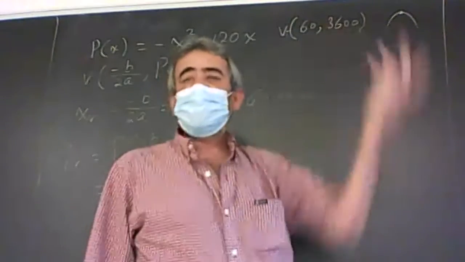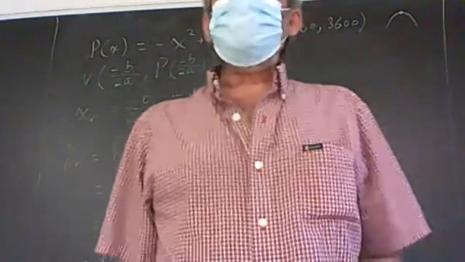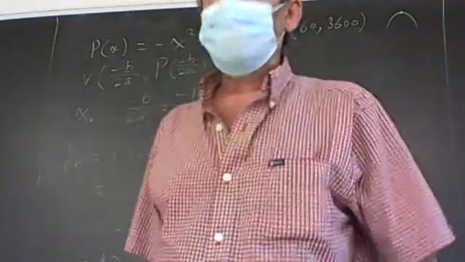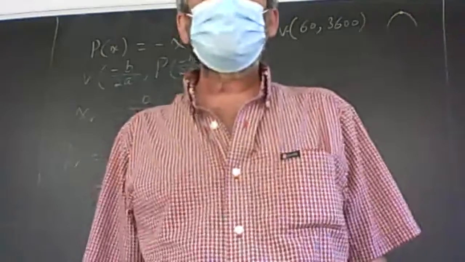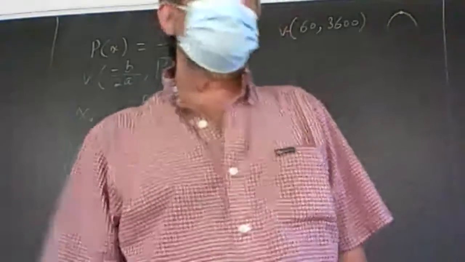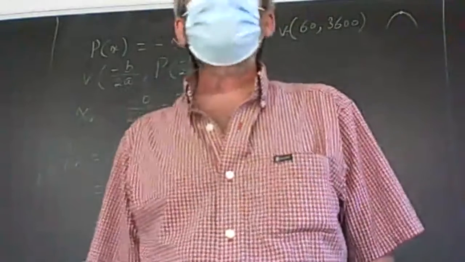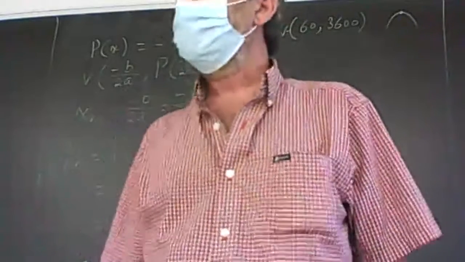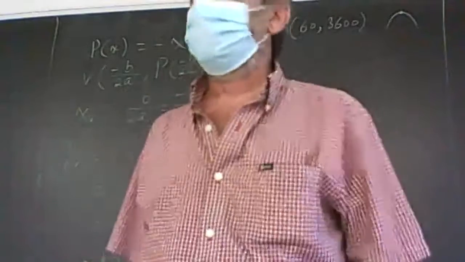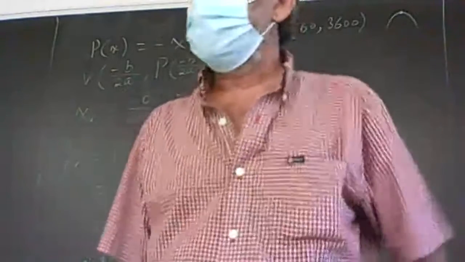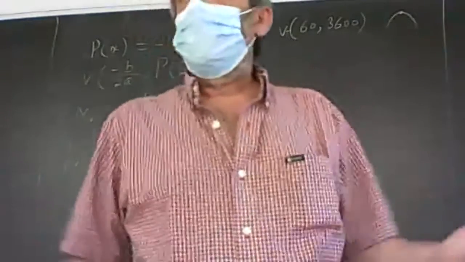60. Now, if you sell 60 cases, that will be your maximum profit. If you sell less than 60 cases, that means you're not making the maximum profit. If you sell more than 60 cases, you're not making your maximum profit. You will make less profit than selling 60 cases. And you may say, oh, what if I sell 100 cases?